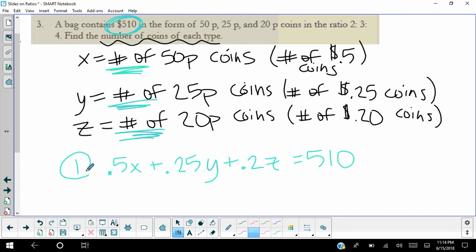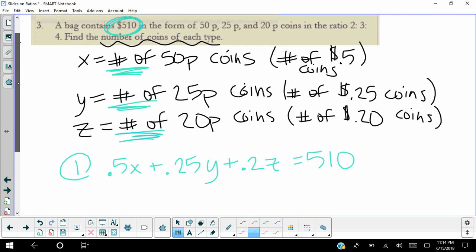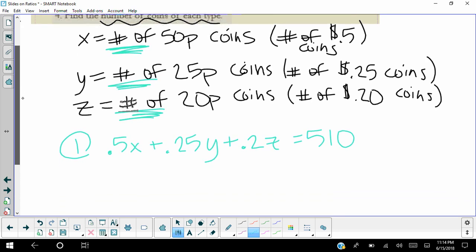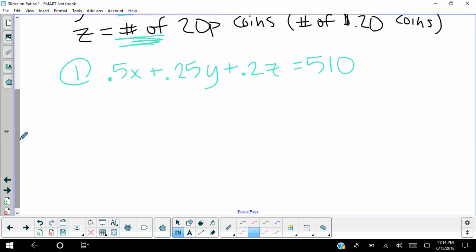Okay, now I'm going to get into the whole ratio piece. So I know that my ratio of X to Y to Z is 2 to 3 to 4. And I need to figure out what my base quantity kind of is.